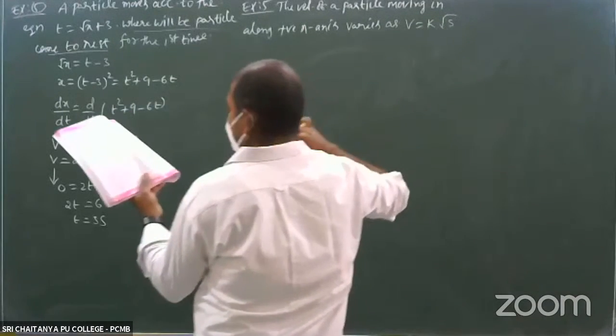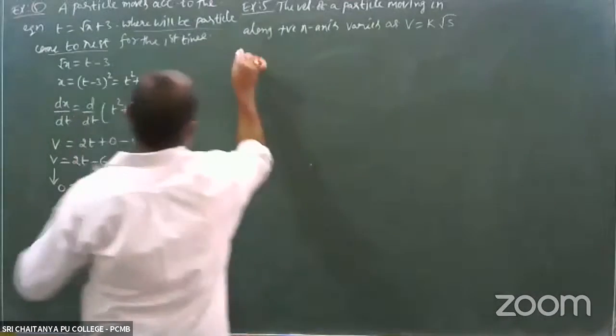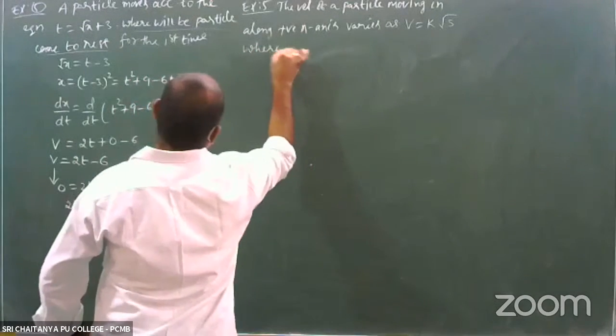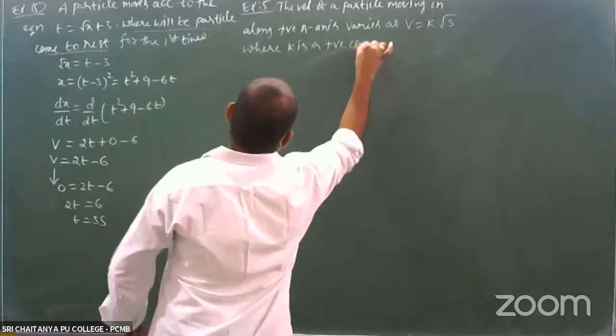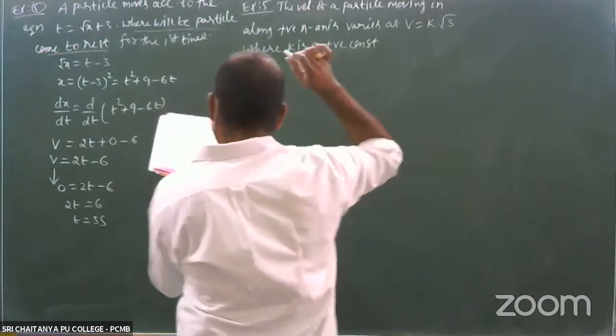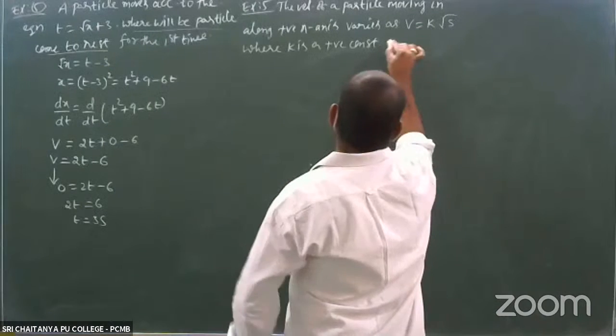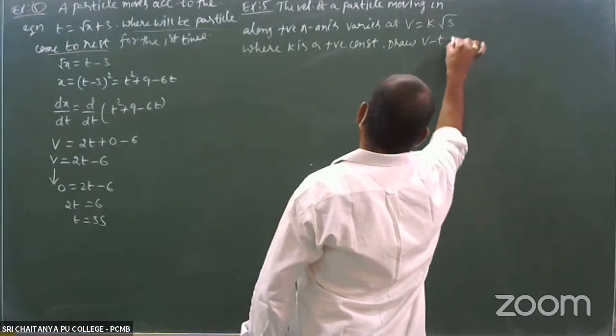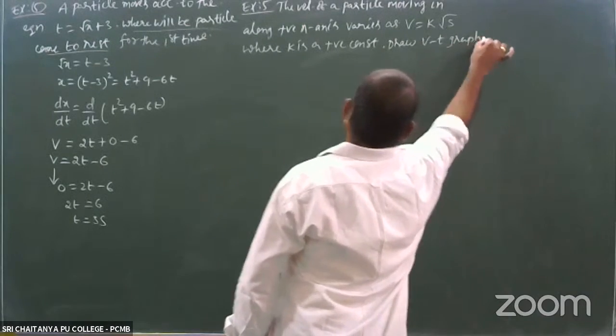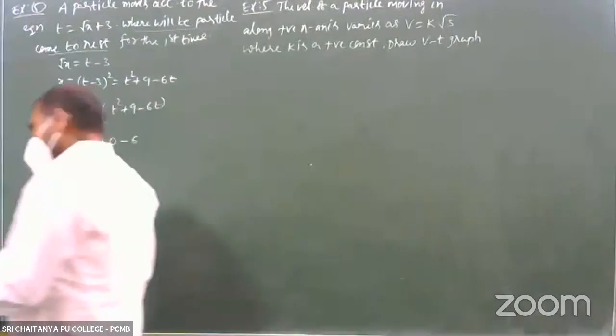Velocity changes with the distance, where k is a positive constant. Draw the v-t graph. We have to draw the v-t graph.